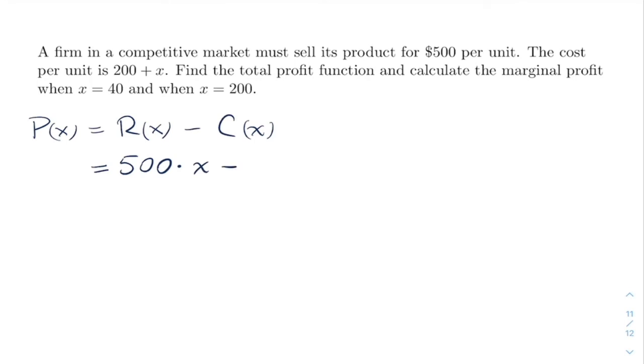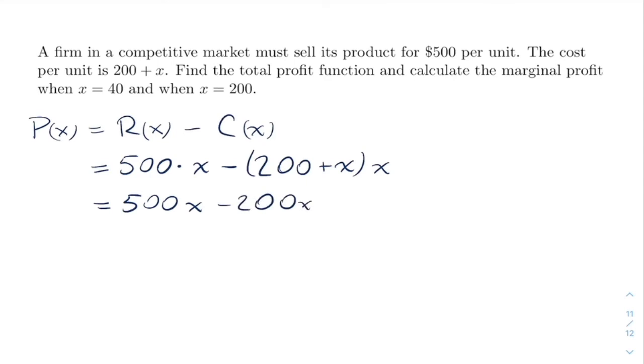So the cost of producing each unit is 200 plus X, and that times the number of units that I'm producing. So in total, this will be 500X minus 200X minus X squared. So in total, our profit function will be equal to 300X minus X squared.